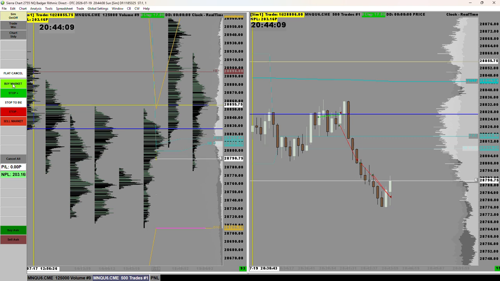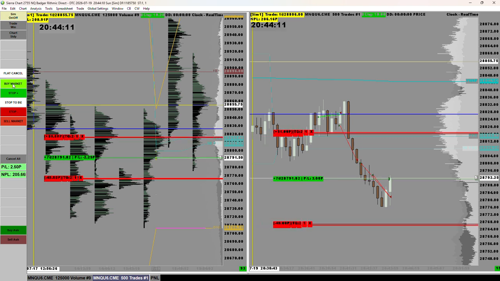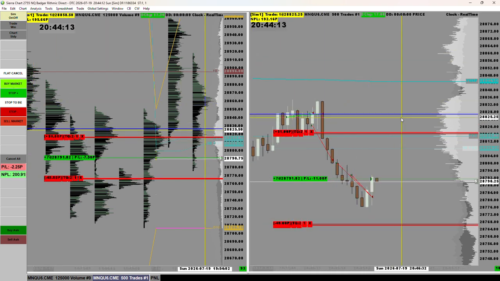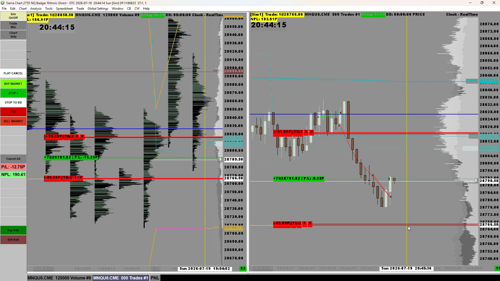There's that bounce. Yep. And this is where I wanted to see it. There you go. Now we're long 7. Let's take it, and then we're going to accept this as our low.